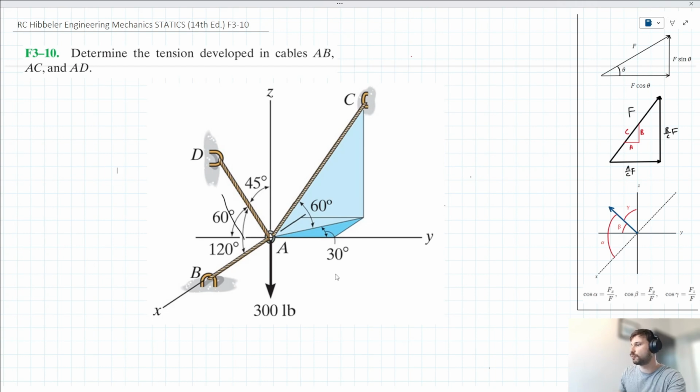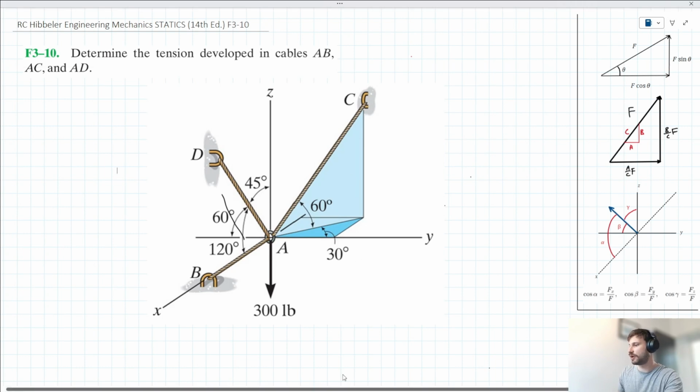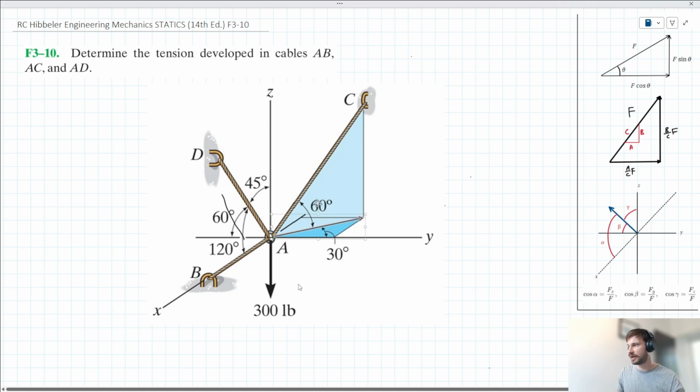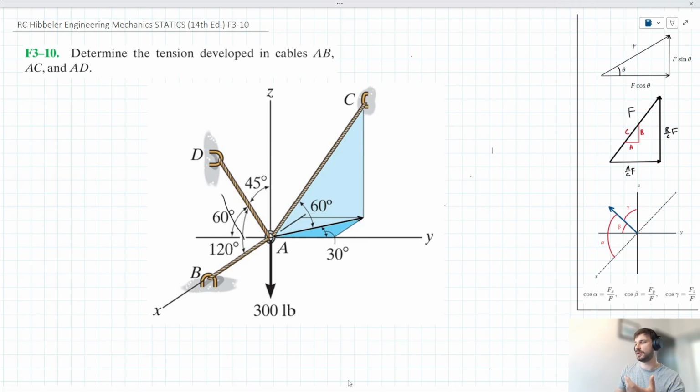Now, when we see this two triangle idea for AC, one way to look at it is to look at this line here and treat it as the XY component, describing how much the tension in AC is acting in the XY plane. Let's call it AC subscript XY.